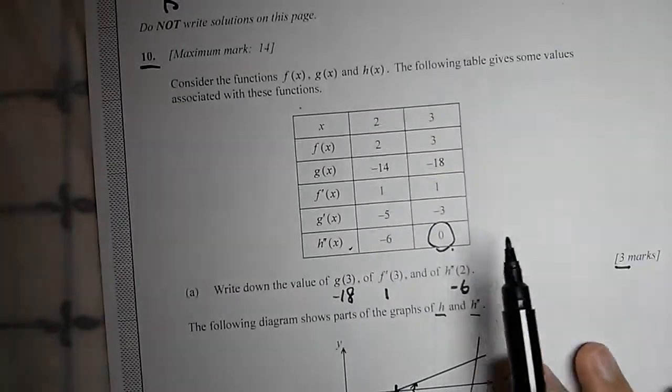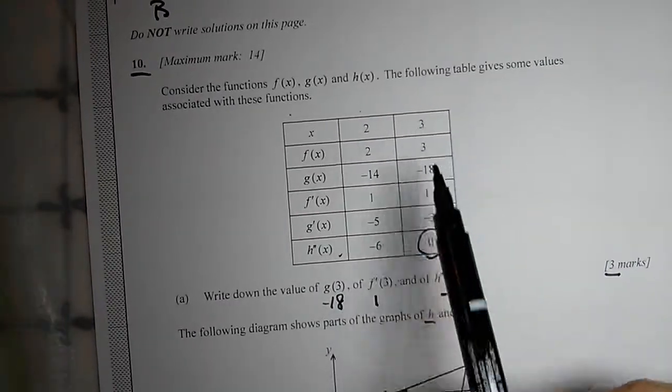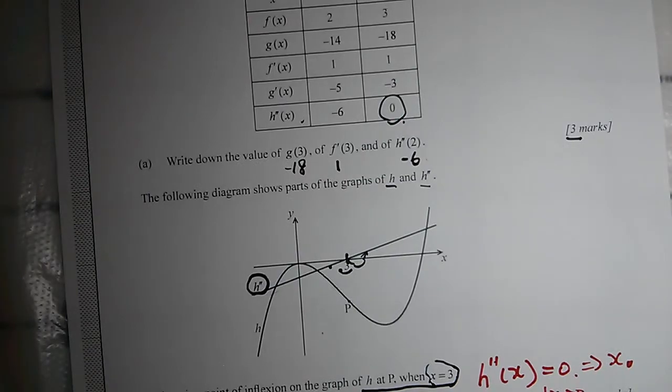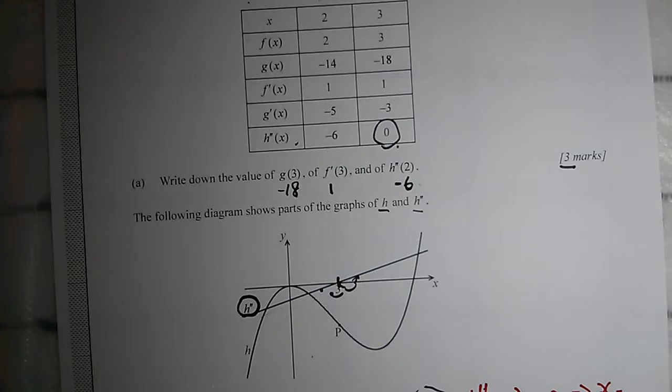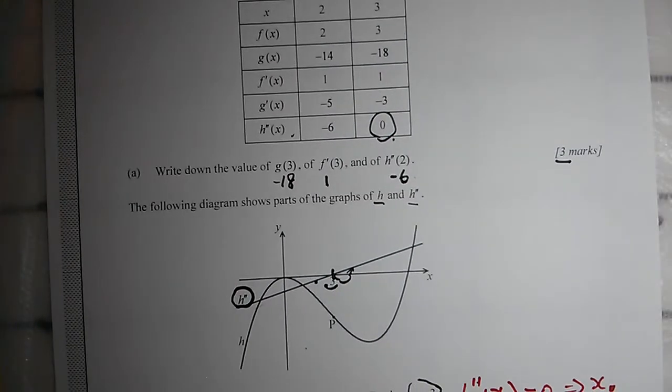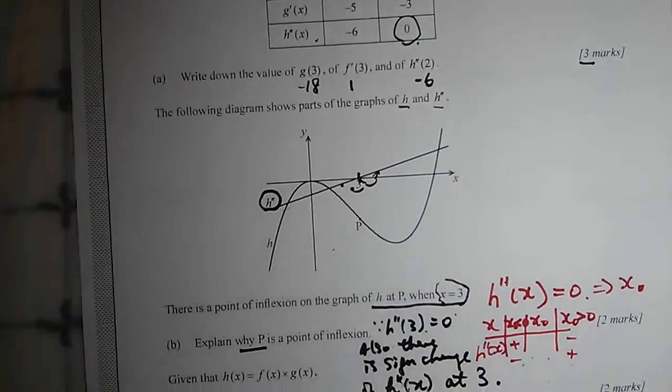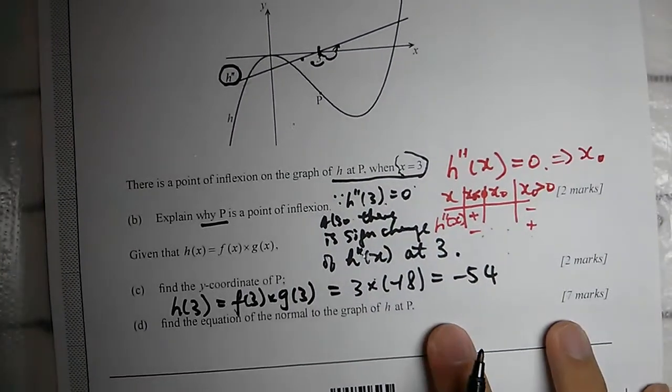F3, you can just look at the table on top. F3 is 3. G3 is negative 18. Paper 1, you need to do this calculation on your own: negative 54.